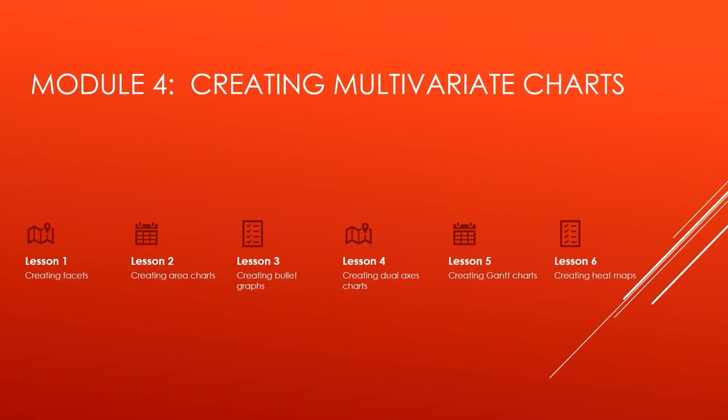We moved on to creating a bullet graph, and you learned how to create the bullet graph from Show Me, but you also learned how to review it and how to swap reference lines back and forth.